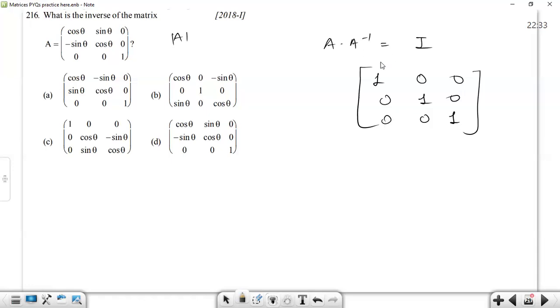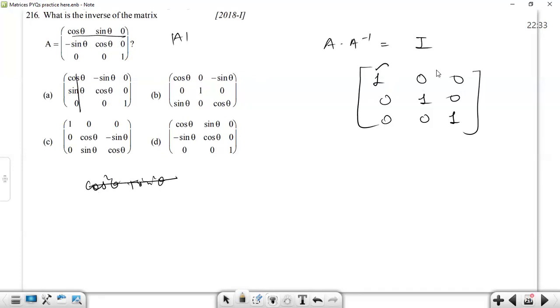So let's check the first element. First row and first column: cos theta into cos theta, cos square theta, plus sin theta into sin theta, so sin square theta, plus 0. So this makes 1. Yes, the first element is getting satisfied.